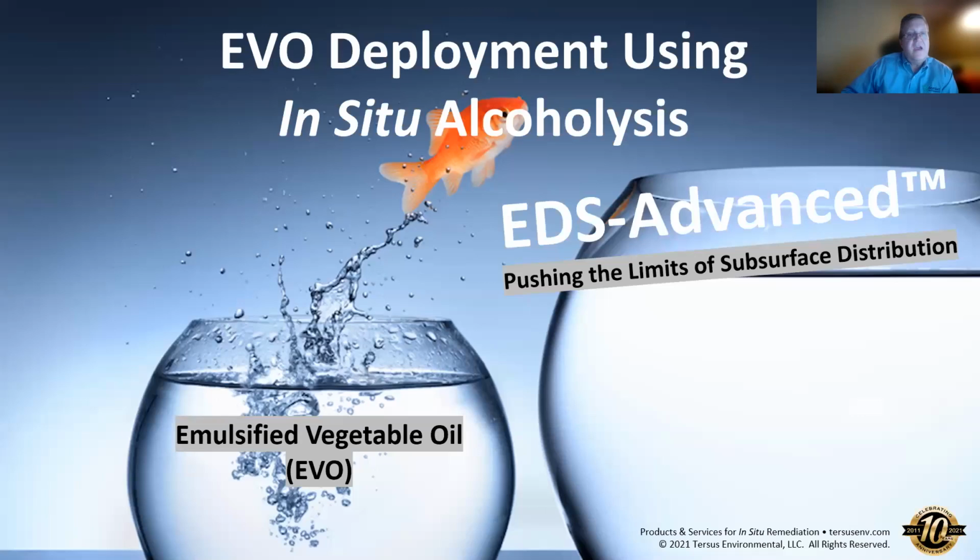And really from there is where we developed what we call EVS Advanced. The goal of this system is to help improve the distribution of the volatile fatty acids, minimize any gelatinous crud or soap scum created from pH adjustments in the subsurface, and generally get to the point where we can generate hydrogen well beyond 5 meters downgradient from the injection.